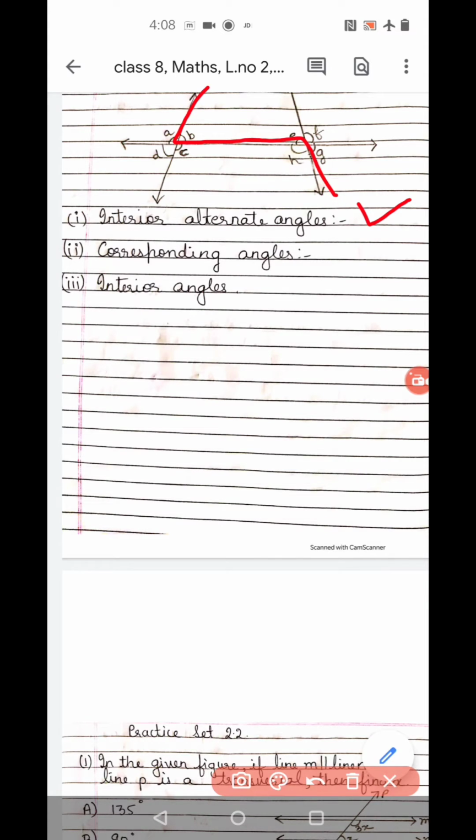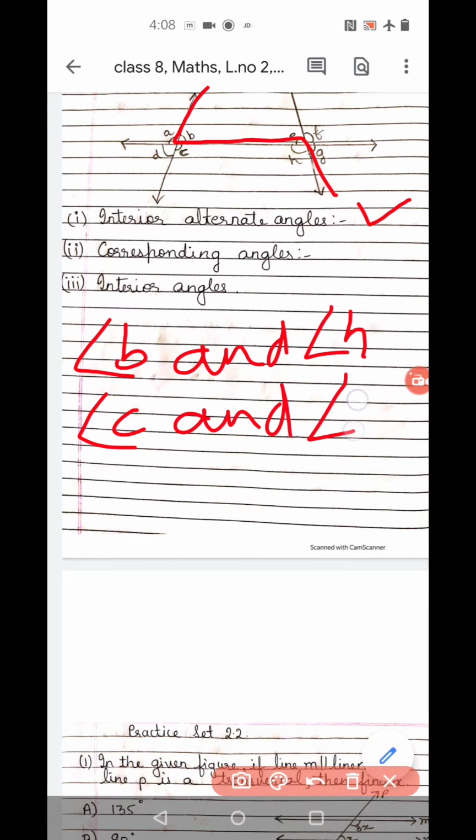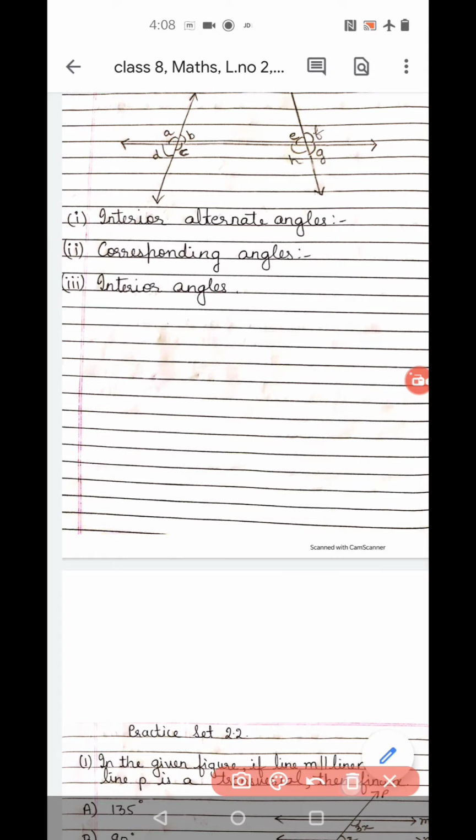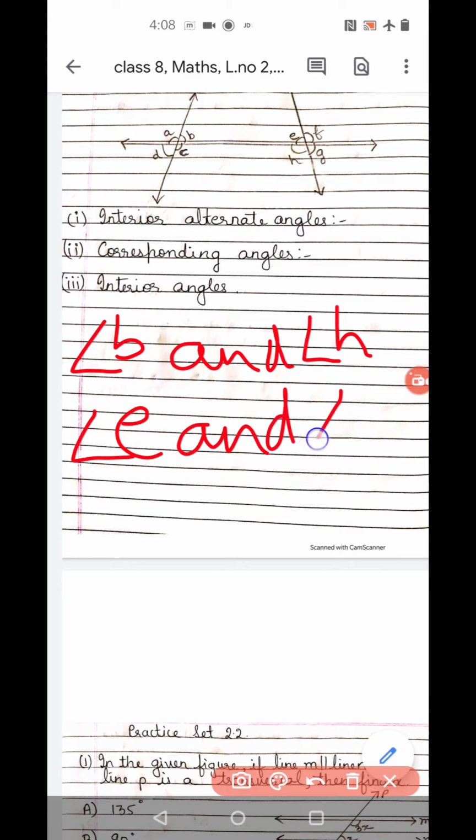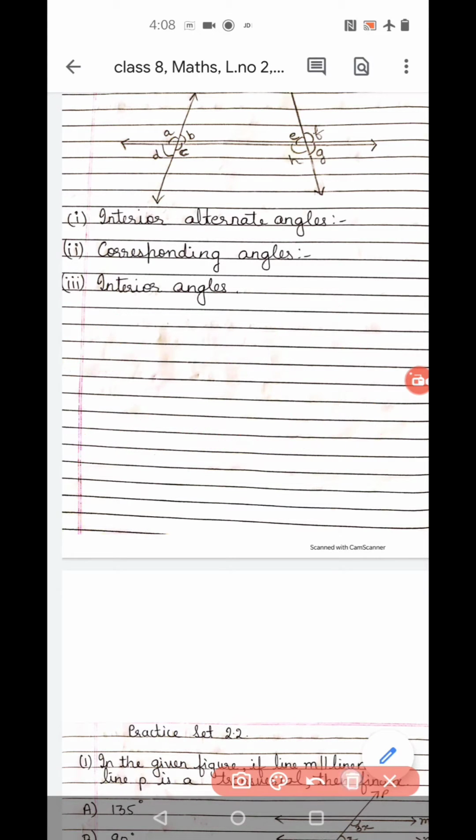In this Z shape, angle B and angle H are one pair of interior alternate angles, and for the other pair we take the other, reversed Z, and we have angle C and angle E. So these are our pairs: angle B and angle H, angle E and angle C. These are our pairs of interior alternate angles.